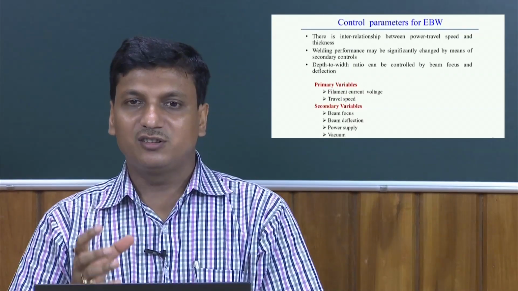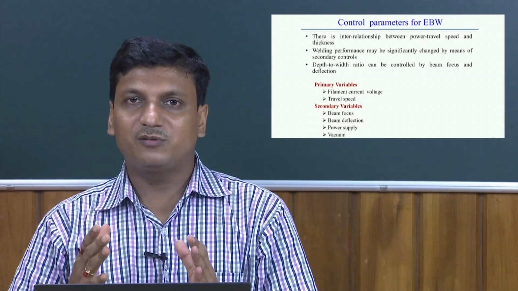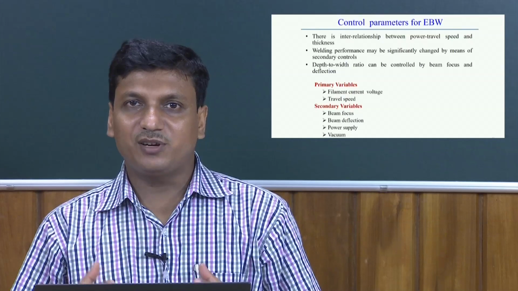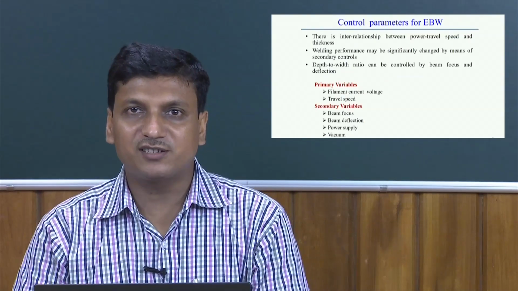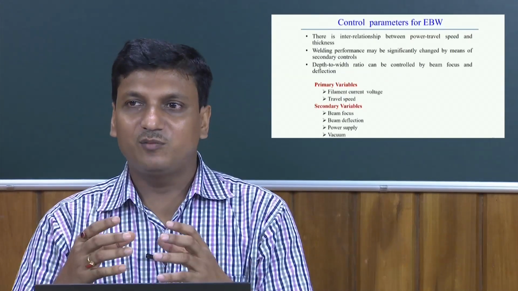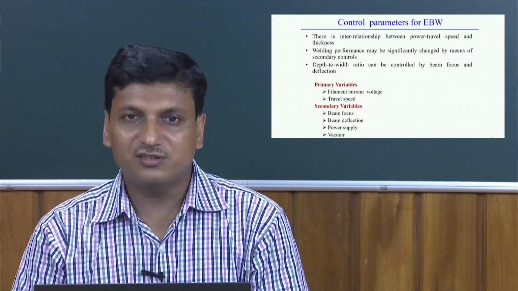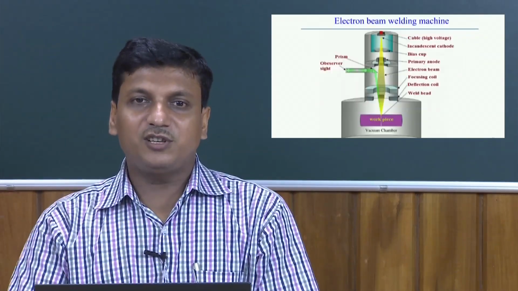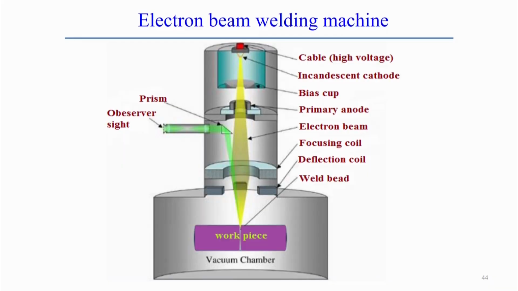That means the depth to width ratio ultimately affects the molten zone or the heat affected zone of this process. Now, we can see the typical electron beam welding machine. What are its typical components?